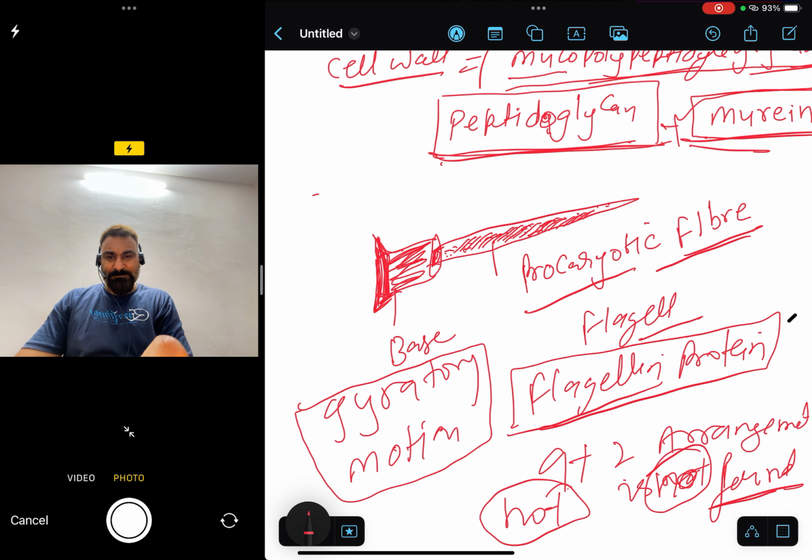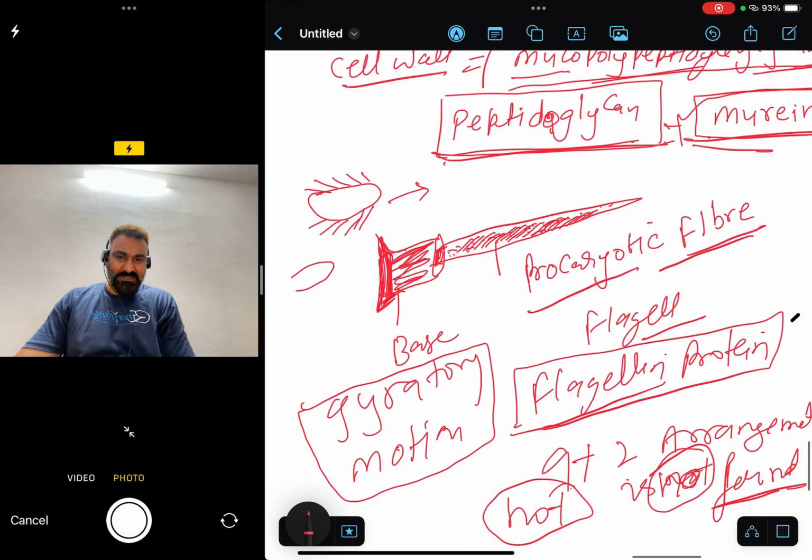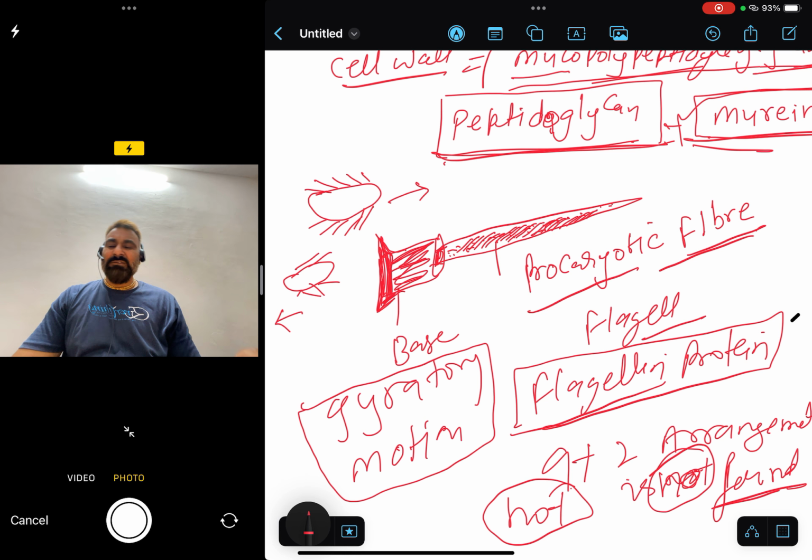Similarly, this bacteria contains flagella. If all flagella move in synchronization in this direction, the bacteria move in this direction. If they move in that direction, the bacteria move in that direction. So they help in backward, forward, upward, downward movement of the bacteria in any direction. These flagella are made up of flagellin protein and help in movement of bacteria. Simply remember, they help in movement and show a gyratory motion.